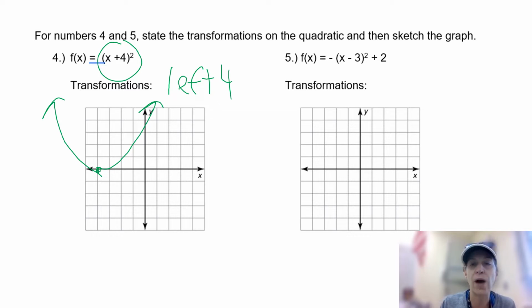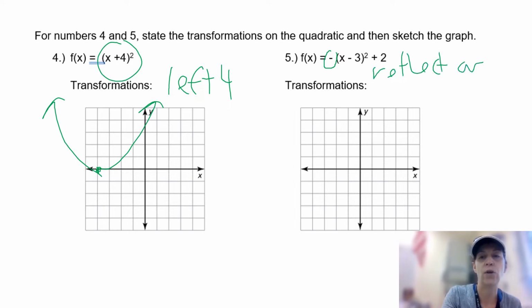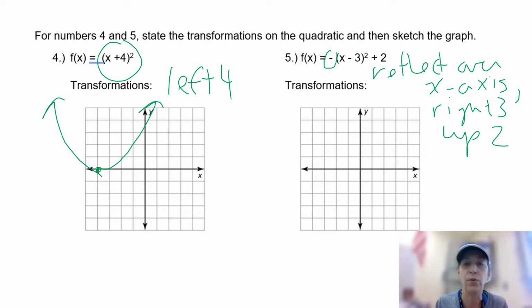For number 5, we have the negative right there. That is going to reflect the graph over the x-axis. Sometimes we'll call this a flip. The minus 3 means it's going to go to the right 3, and then plus 2 means it goes up 2. So we go right 1, 2, 3, up 2.